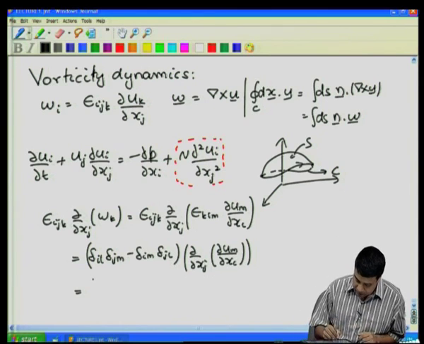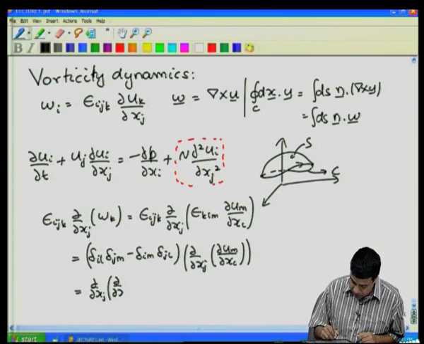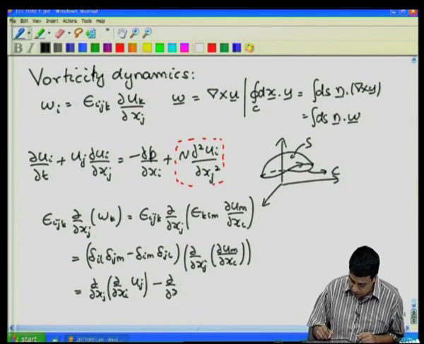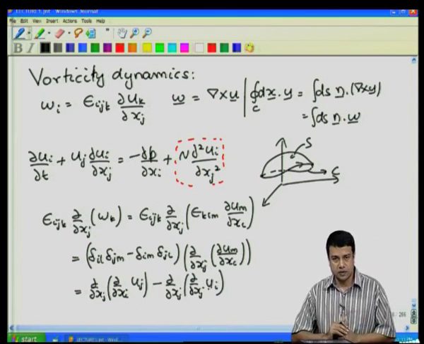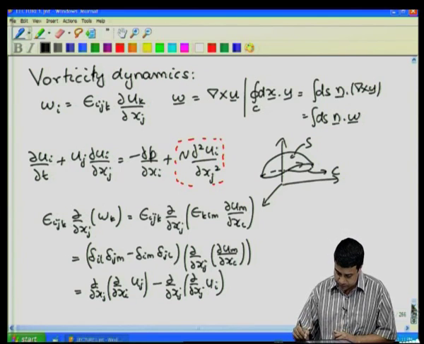So, this can be written as partial by partial x_j of partial by partial x_i u_j minus partial by partial x_j partial by partial x_j of u_i. Okay, just simple algebra. Okay.